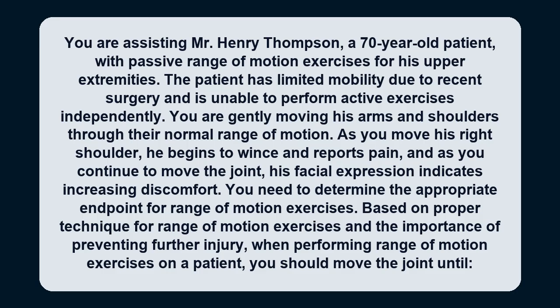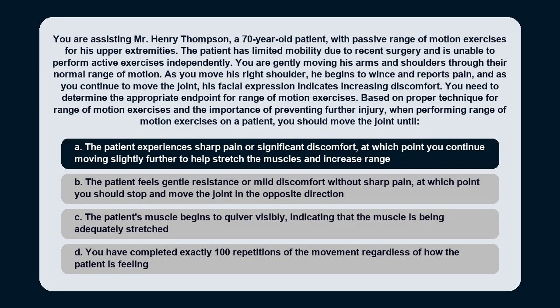Based on proper technique for range of motion exercises and the importance of preventing further injury, when performing range of motion exercises on a patient, you should move the joint until Option A. The patient experiences sharp pain or significant discomfort, at which point you continue moving slightly further to help stretch the muscles and increase range.